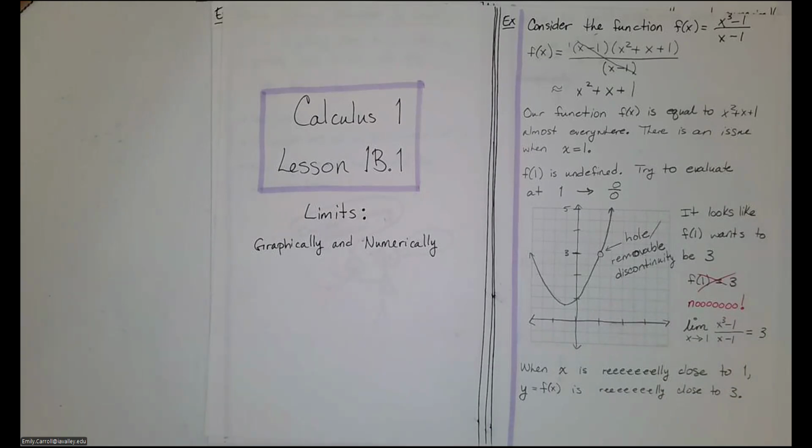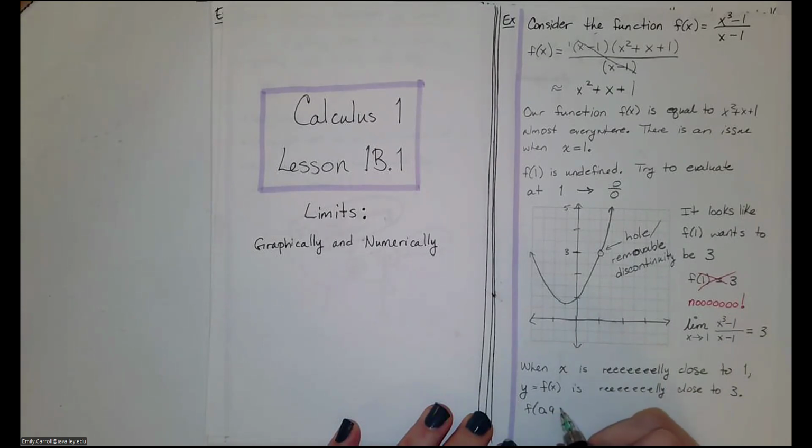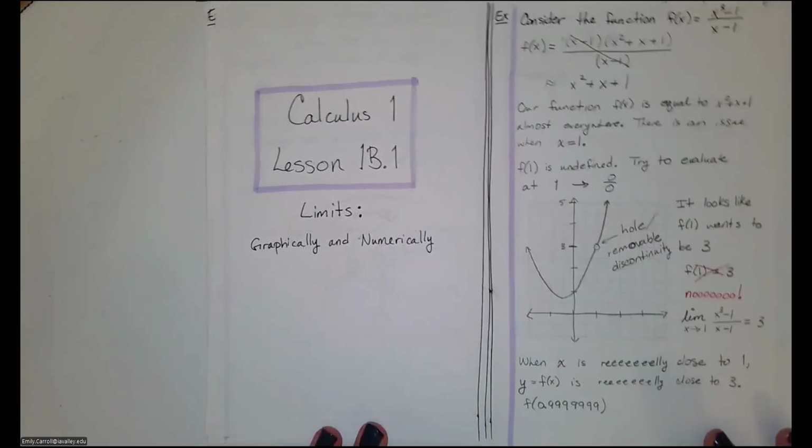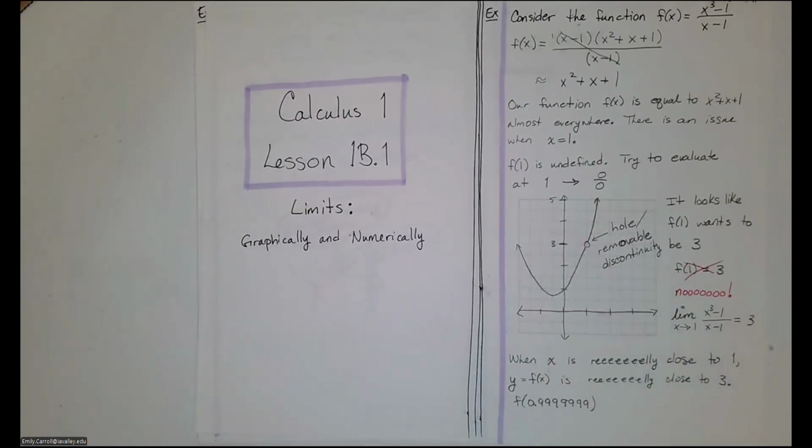What do I mean by really close? Well, numbers like this, that is equal to 1 as far as your naked eye is concerned, right? You'd have to pull out a magnifying glass or a microscope to see how that's different from 1 in most cases. But I could evaluate the function at that number. That number is really close to 1, so what I would get out if I evaluated the function at that number is going to be really close to 3.